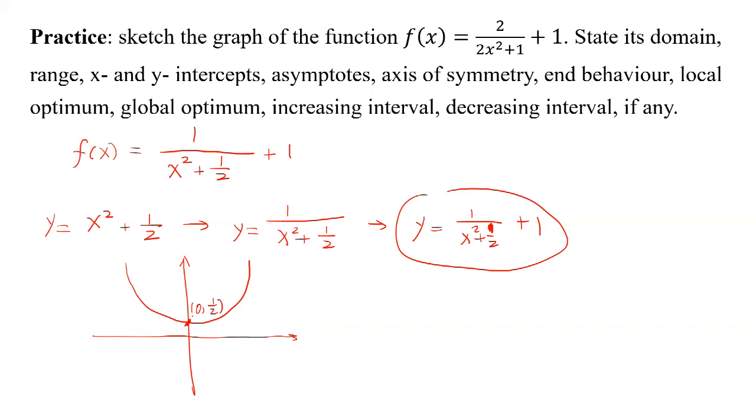So when x is 0, its reciprocal is 2, right? So the reciprocal would look like this. And then we need to translate the green solid line up by 1 unit. Then the final sketch should look like this.